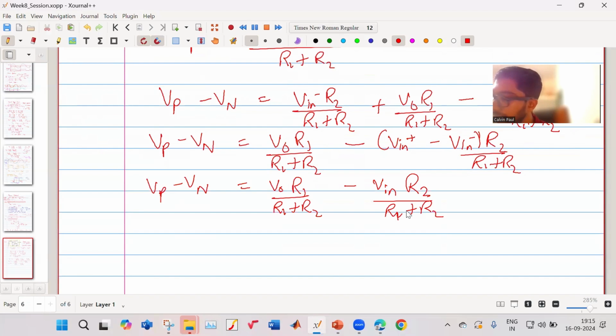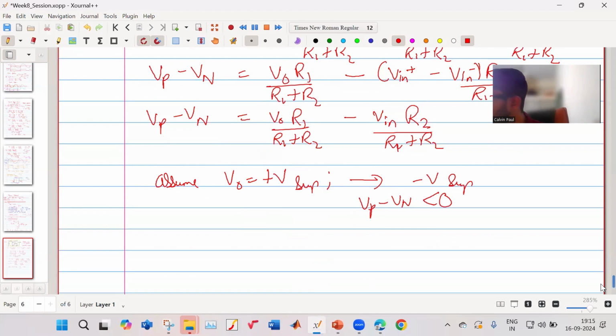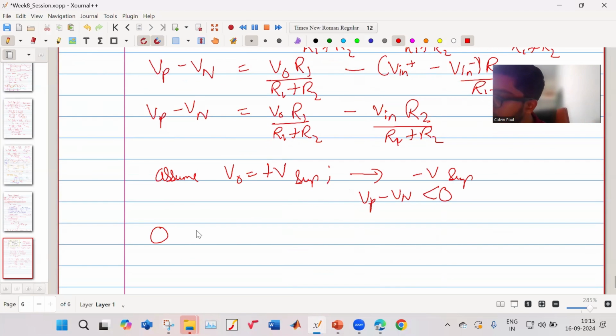Now, there are two conditions. What are the two conditions? You assume your V output was equal to plus V supply. Okay. Now you want it to become minus V supply. If it has to become minus V supply, what should happen? Your Vp minus Vn should become less than 0.